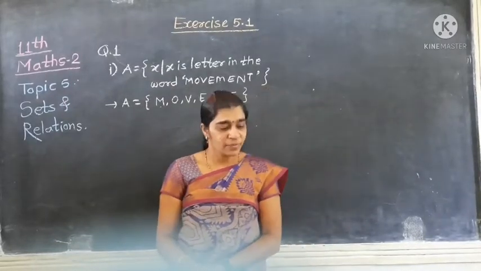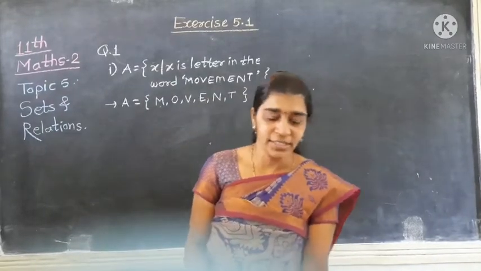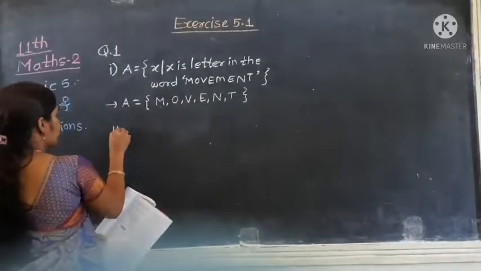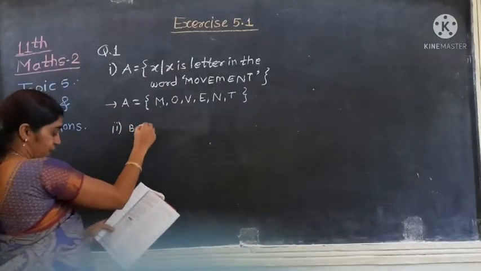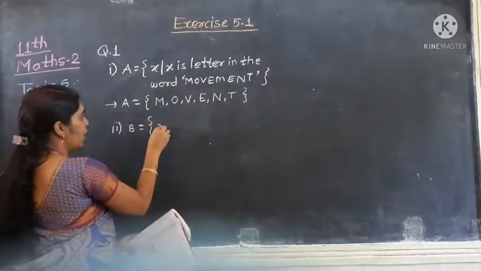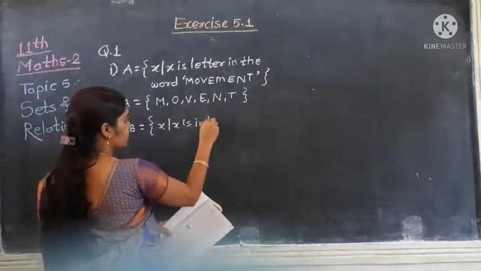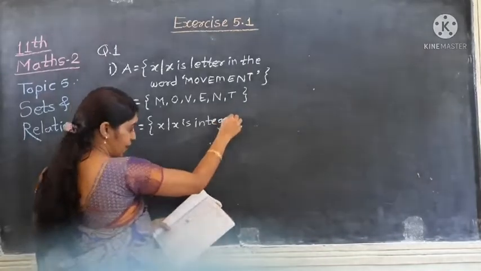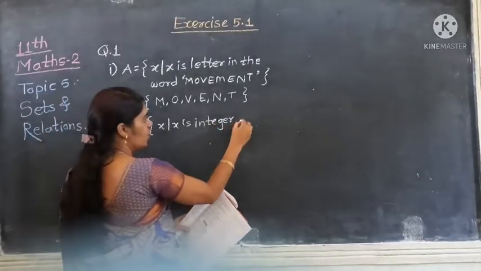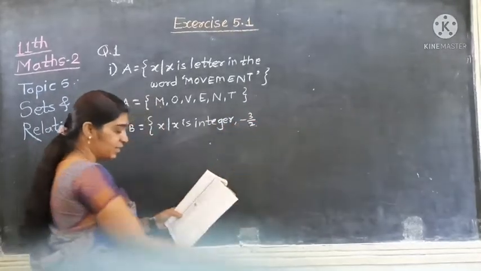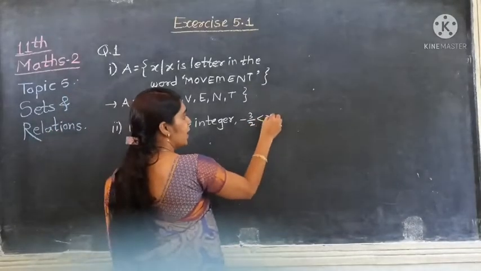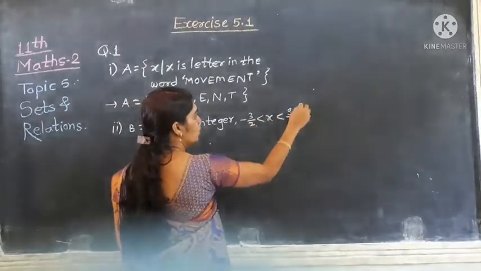Similarly, the second one is given. B is the set of all x such that x is an integer and x lies between, see what is the condition given: minus 3 upon 2 less than x less than 9 upon 2.